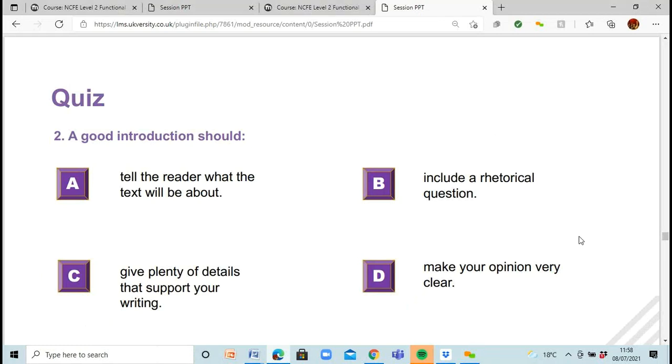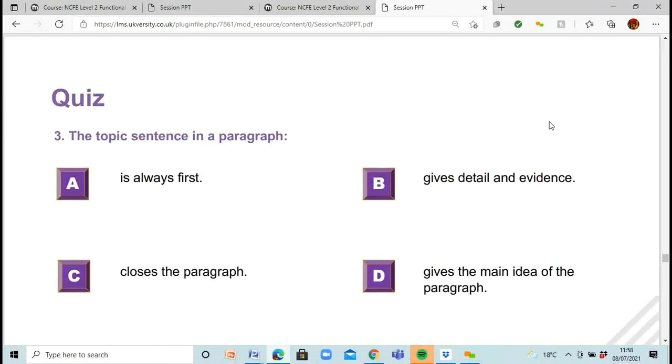Number 2. A good introduction should tell the reader what the text will be about, include a rhetorical question, give plenty of details that support your writing, or make your opinion clear. It should, in fact, be A. Number 3.